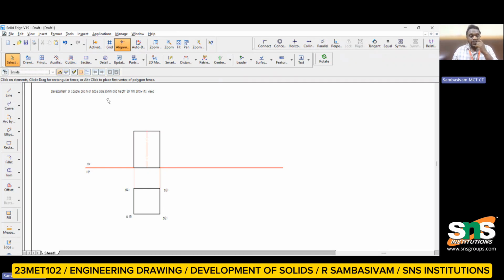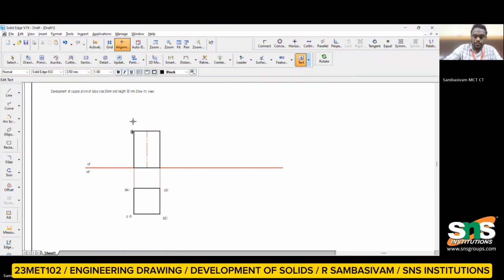As I said earlier, we have to mention this: when I look, we can see A, but we cannot see D dash. For visibility, I have tracked down this one.